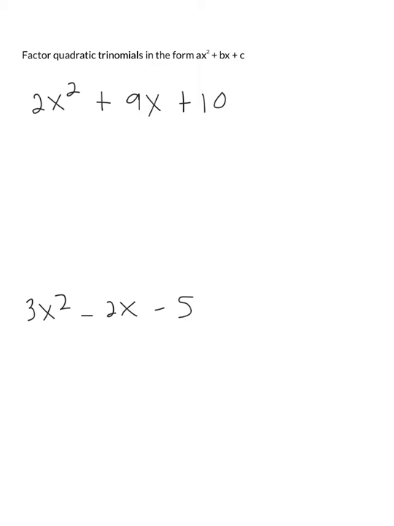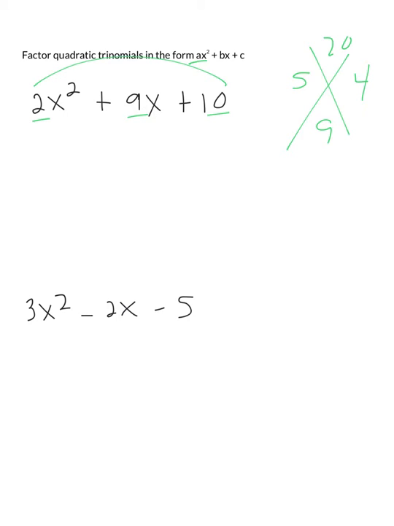Now here are some questions on factoring quadratic trinomials where you have an ax squared. So looking at the 2, the 9, and the 10, there's no GCF there, so we have to multiply a and c to get 20, add to get 9. 5 times 4 gets you to 20. 5 plus 4 gets you to 9.